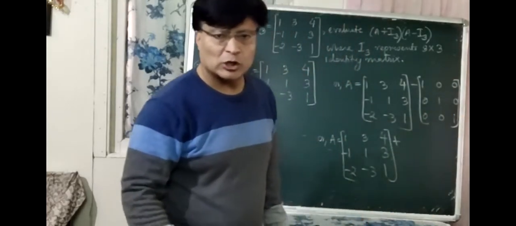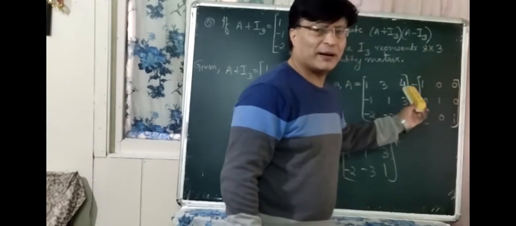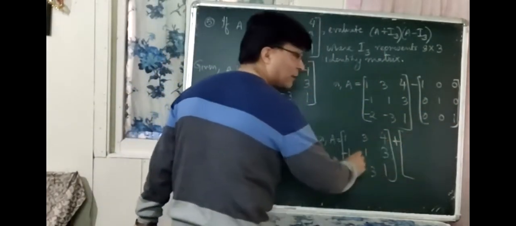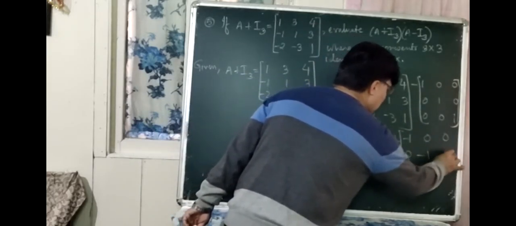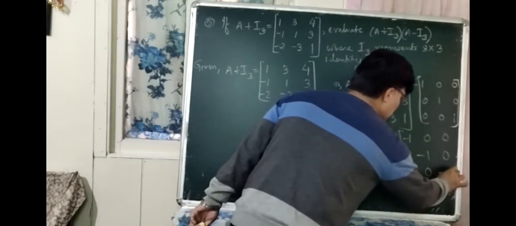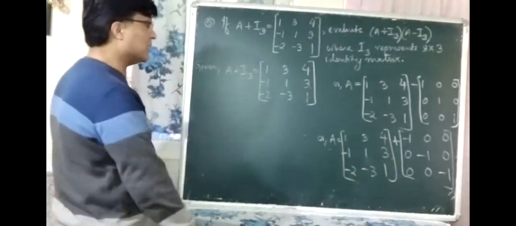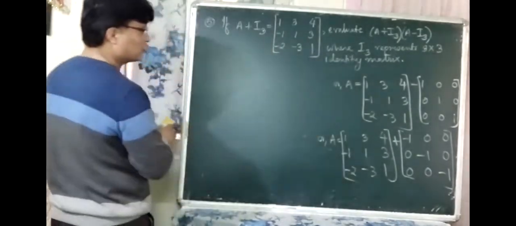Multiply all the elements here by -1, so it becomes plus the matrix -1, 0, 0, 0, -1, 0, 0, 0, -1. This is the addition of two matrices.